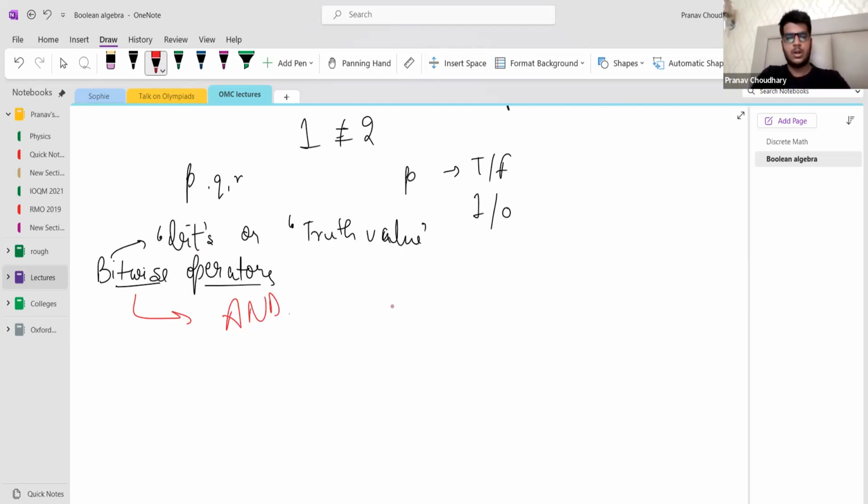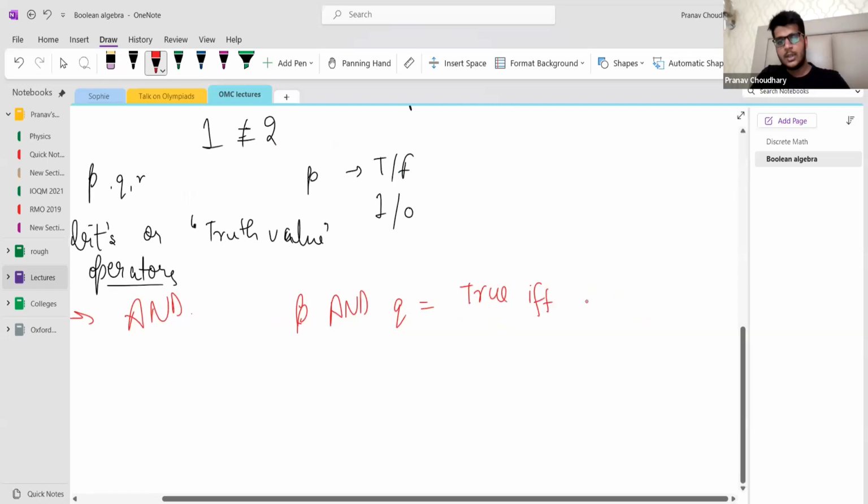So P is a proposition and Q is another proposition. Then P and Q is given the value true if P and Q both are true.